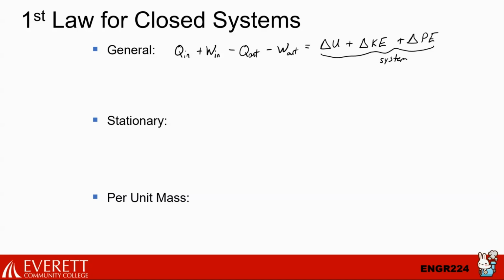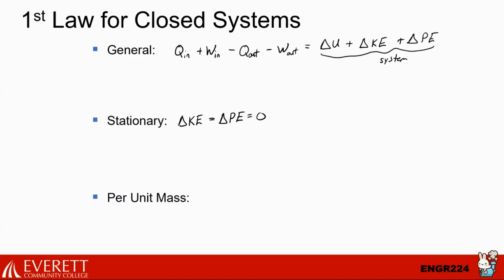And our work can be any different form. It could be work mechanical, electrical, nuclear. There's all kinds of works that we could have in our system. Stationary. So remember the stationary scenario just said that our kinetic energy of the system and the potential energy of the system change was just zero. So it means that our system itself has no motion, no changes in velocity, I should say, no changes in elevation.